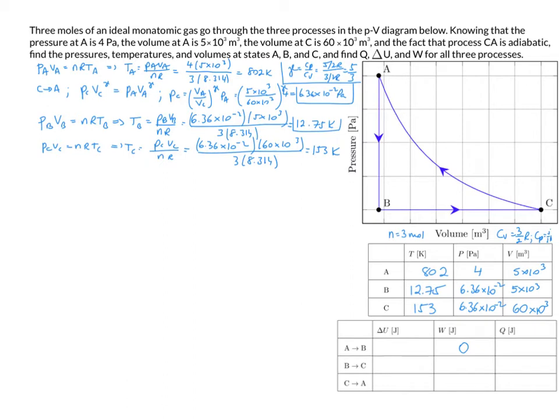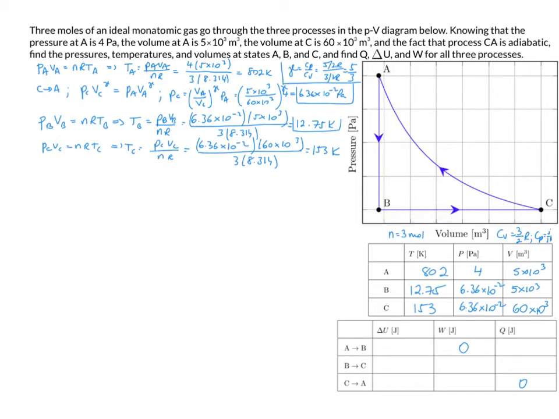Then for process CA, I know that it's adiabatic, and I know that an adiabatic process has 0 heat transfer. So then I put a 0 for the heat in process CA. So I know these things already, and now I'm going to have to start solving for the rest.